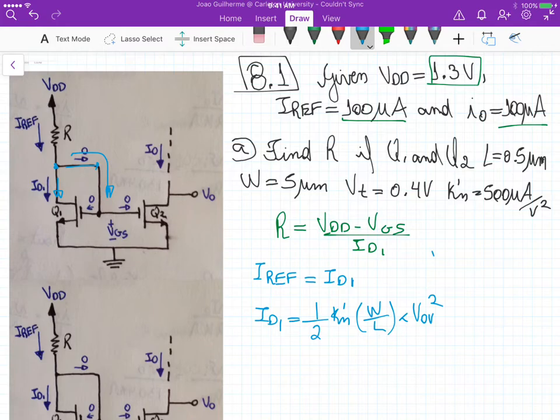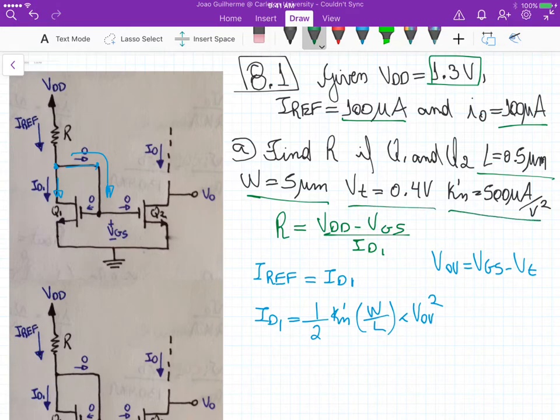And remember that the overdrive voltage is VGS minus the threshold voltage. So one thing is that we know the length and width of the transistor, and we know the threshold voltage and the process transconductance. So we can calculate the overdrive voltage to determine the gate-source voltage. That's the unknown that we have here.